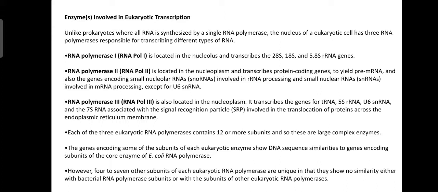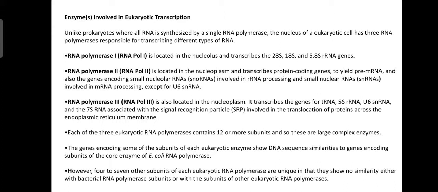We already learned that prokaryotes contain only one RNA polymerase. But in eukaryotes, the nucleus contains three RNA polymerases, responsible for transcribing different types of RNA: tRNA, rRNA, small nuclear RNA, etc.